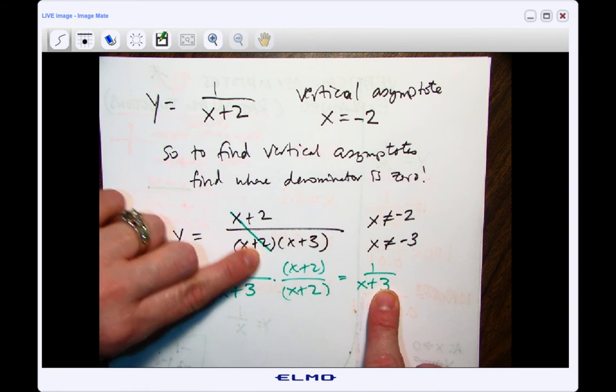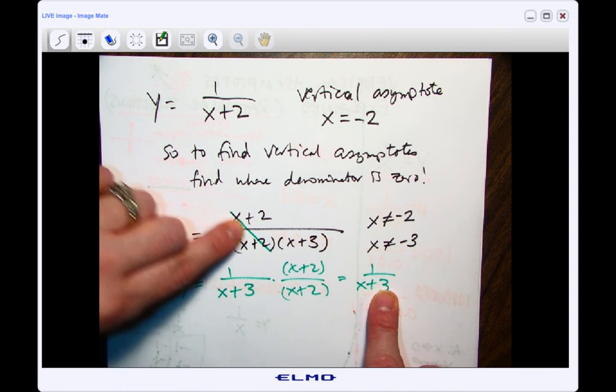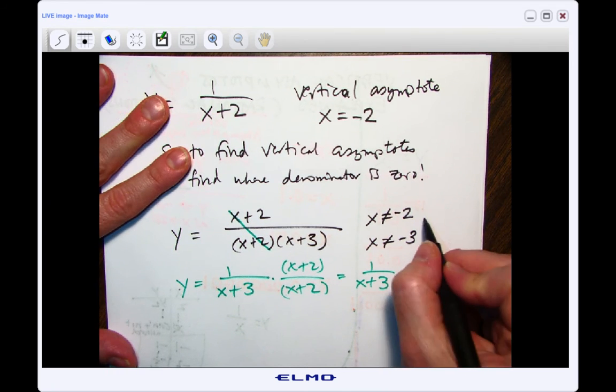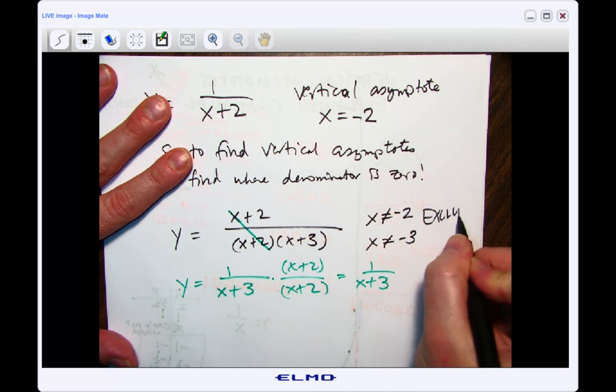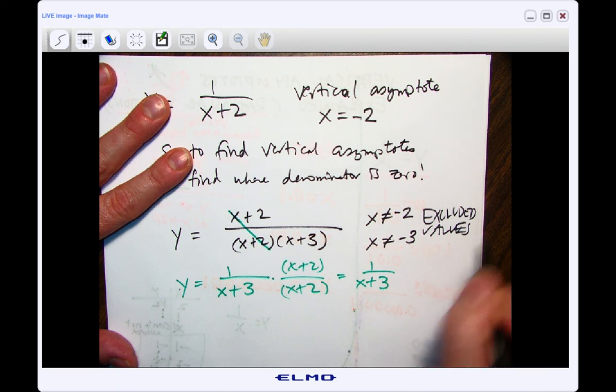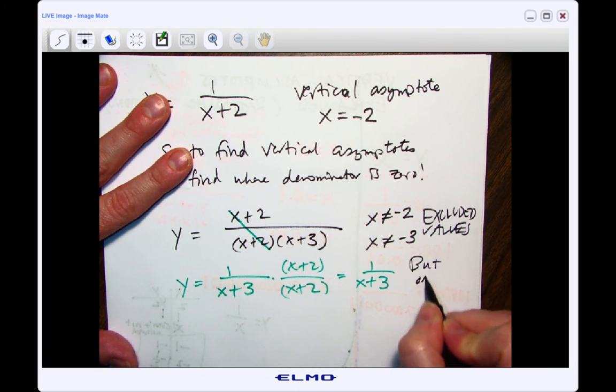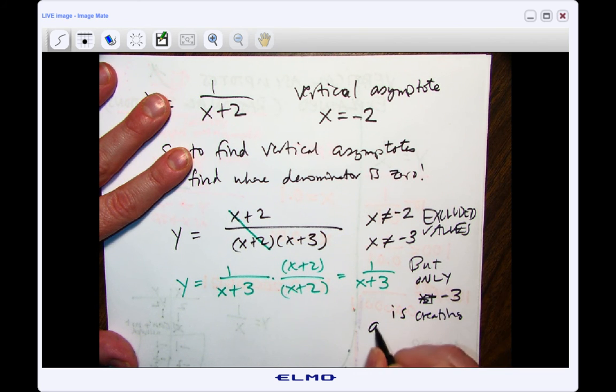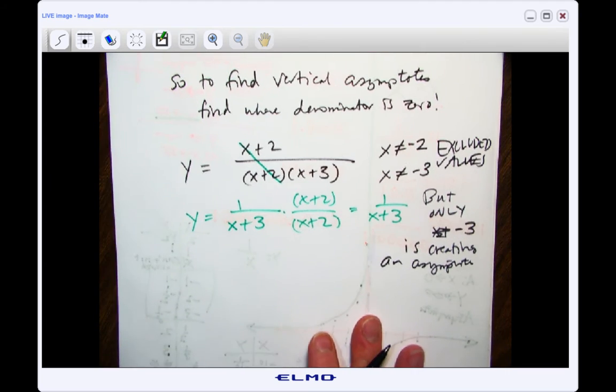So if you can reduce it out, so cross it out like this one, these are both excluded values. But only -3 is creating an asymptote. And I'll show you why.